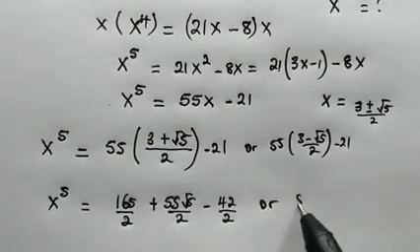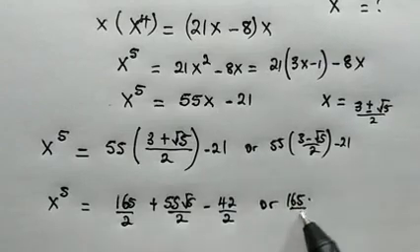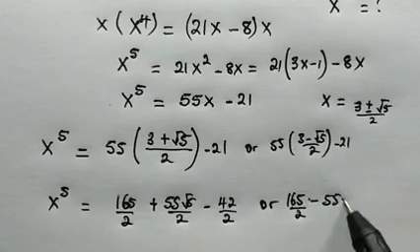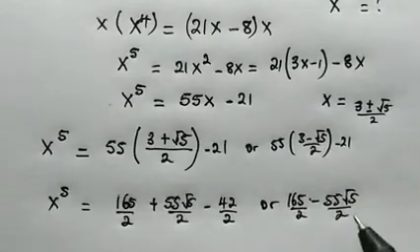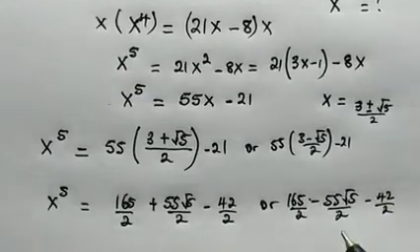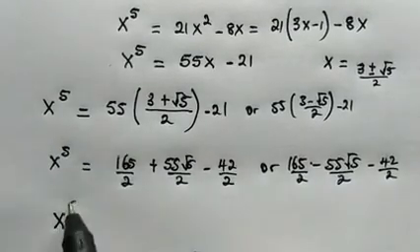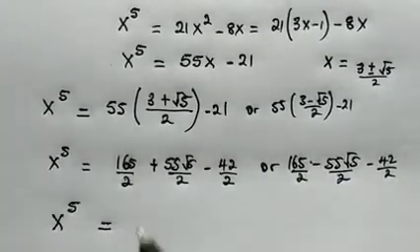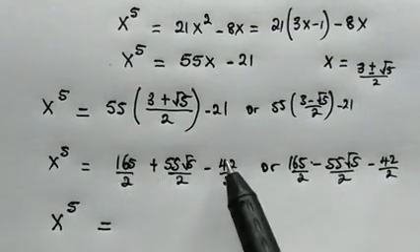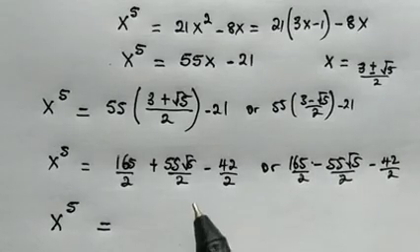So that will give us 165 over 2 plus or minus 55 root 5 divided by 2, then minus 42 divided by 2. So now this minus this will give us 123.